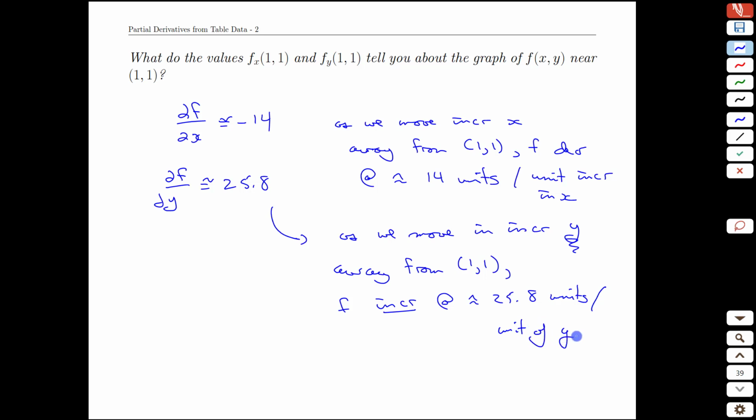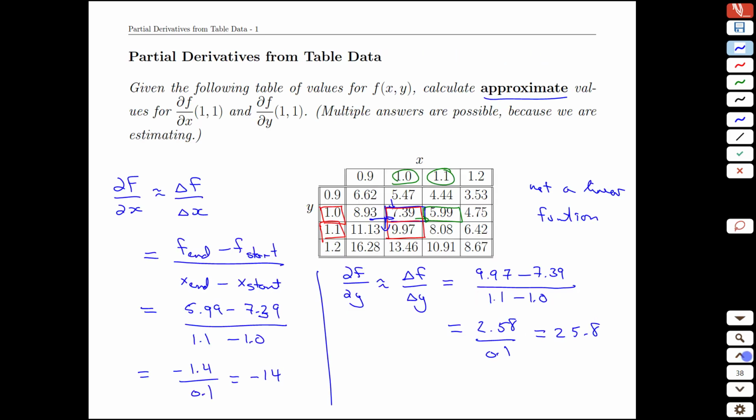And that's it. That captures our partial derivatives, and it's something that we can then estimate from data if we don't have access to the exact formulas for our function. And it all ties back to what we mean by slopes being represented by derivatives.